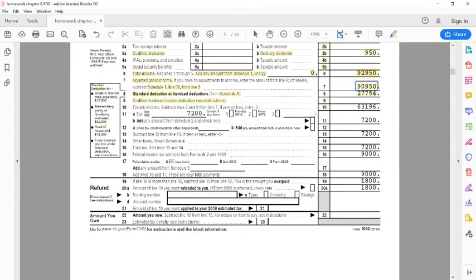So what we have here is our AGI, and this is a from AGI deduction. There are none on line 9. So when we subtract $27,754 from $90,950, we get $63,196, and this is our taxable income.